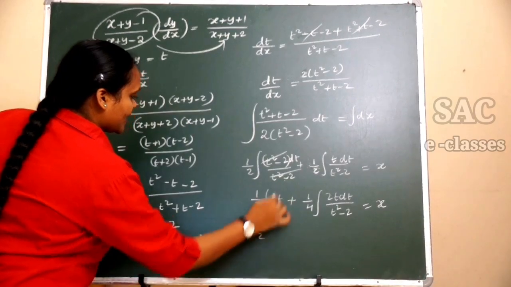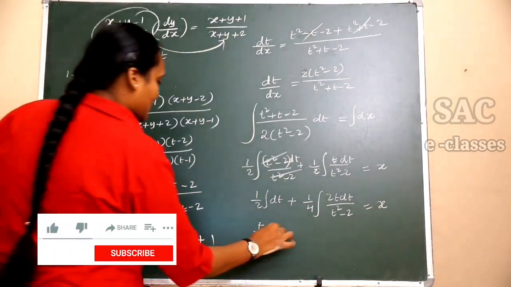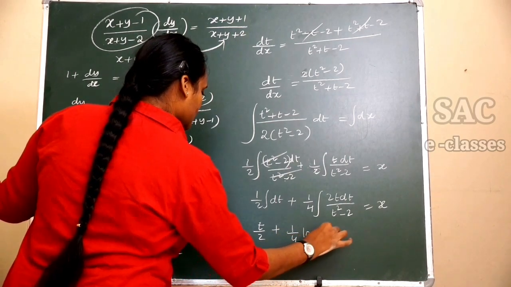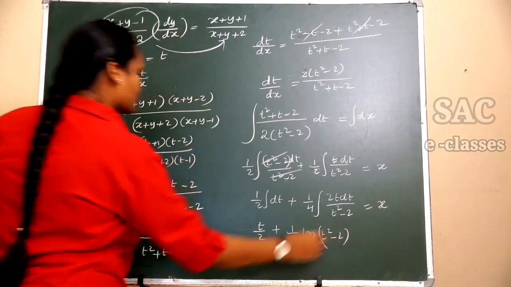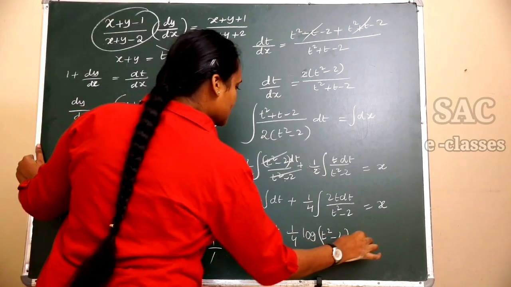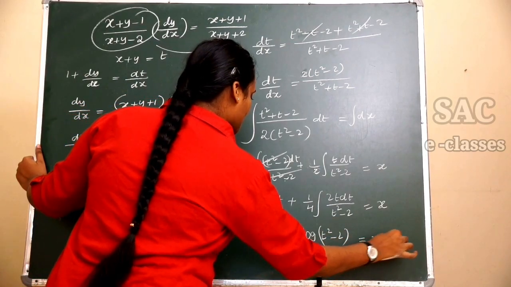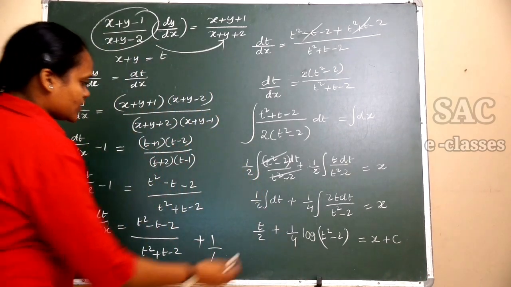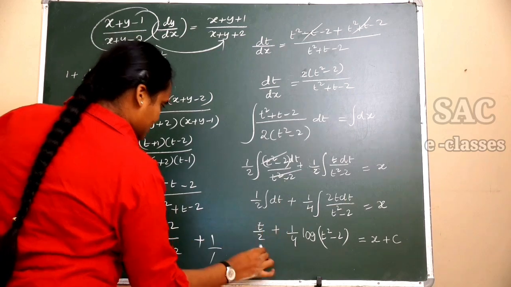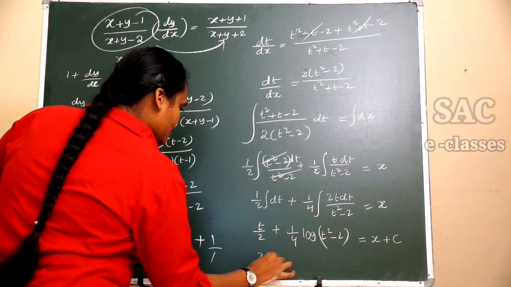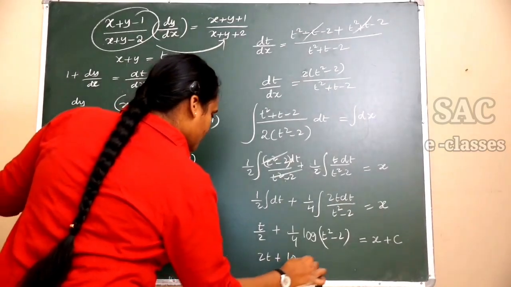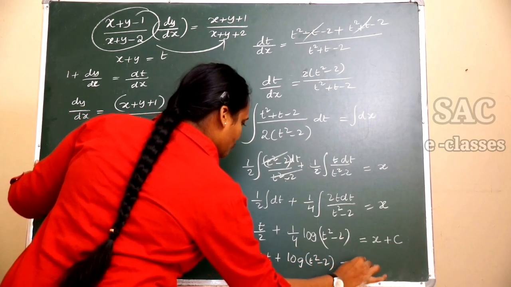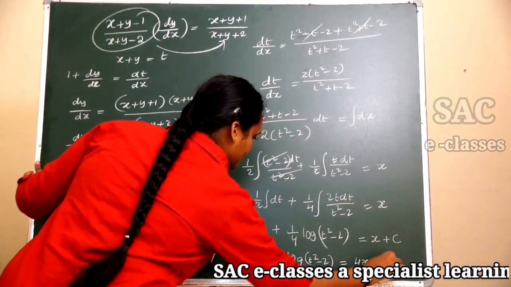Integration of dt is t by 2 plus 1 by 4 into log of t square minus 2, which is equal to x plus c. For this, if we want to do the simplification, I can write this as 2t plus log of t square minus 2 is equal to 4x plus c.